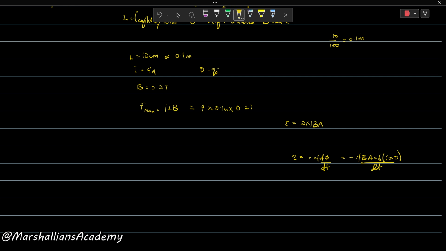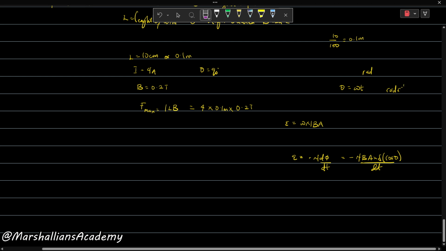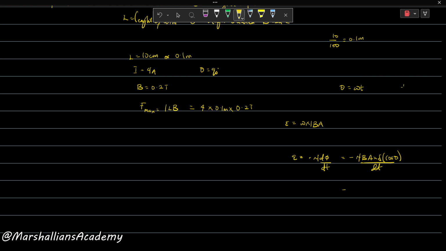And don't forget, we said theta is angular displacement, which is equal to angular velocity omega times time. Angular displacement is measured in radian, angular velocity is measured in radian per second. So I could say this is similar to saying negative NBA times d cos omega t.